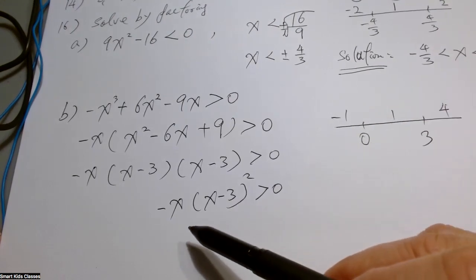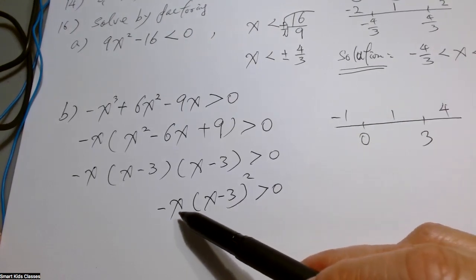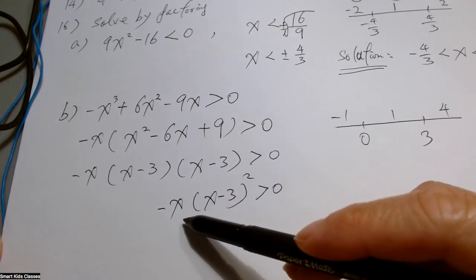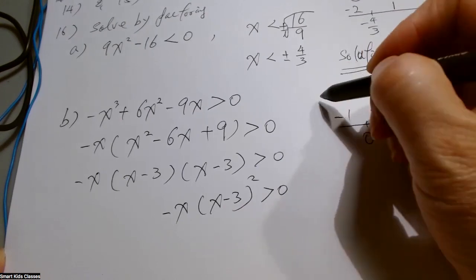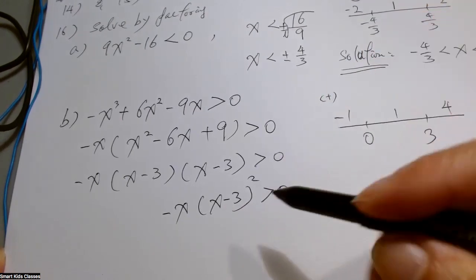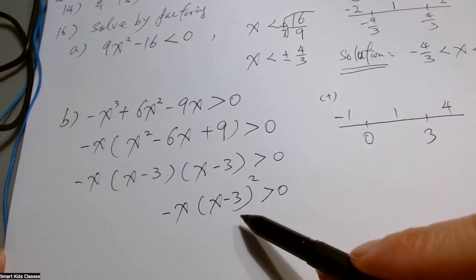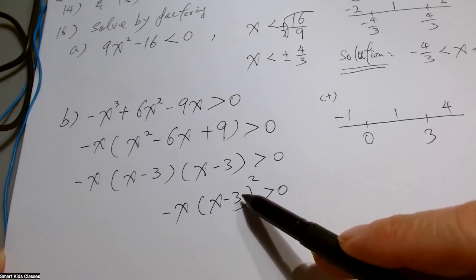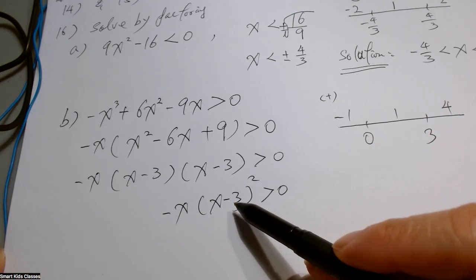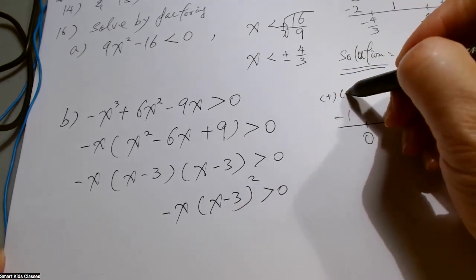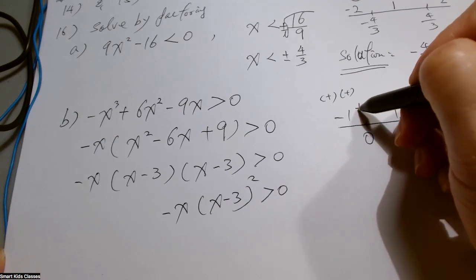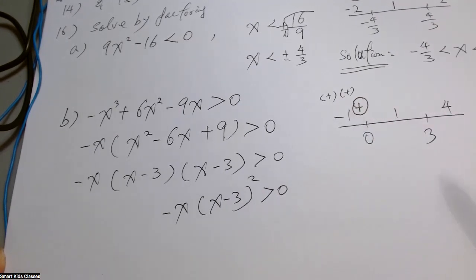If -1, we're going to get a +1 here, and we can use brackets. So we got a positive first bracket. The next one will be -1 here, exponent 2, so we get a positive. So therefore, at the 0 side, we got positive.